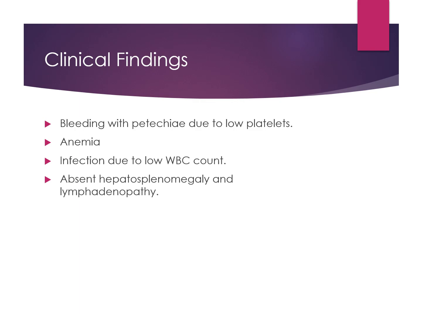We might also see infection due to that low white blood cell count. But we're not going to have any hepatosplenomegaly or lymphadenopathies. So our spleen and liver and lymph nodes are not going to be affected by this.